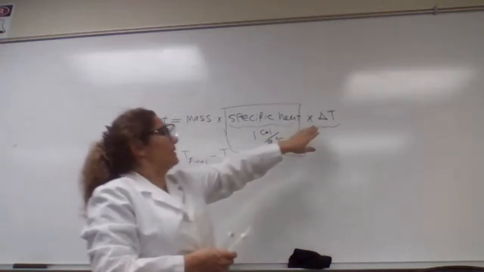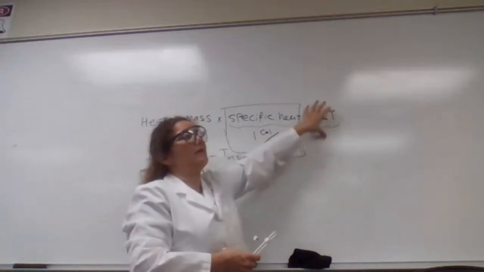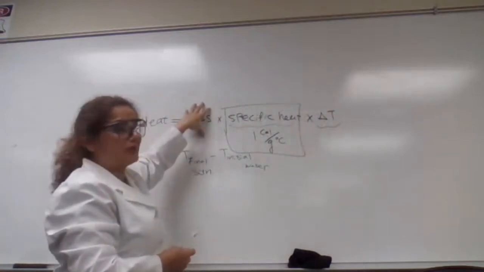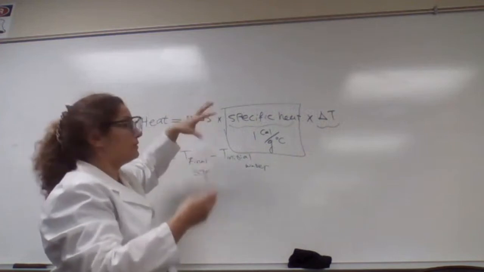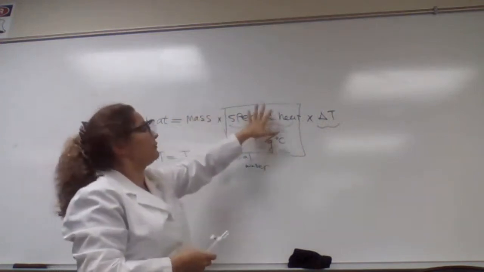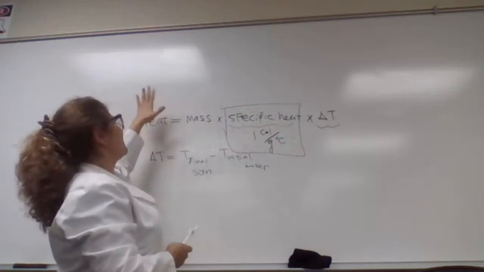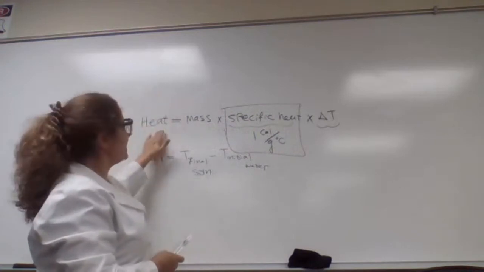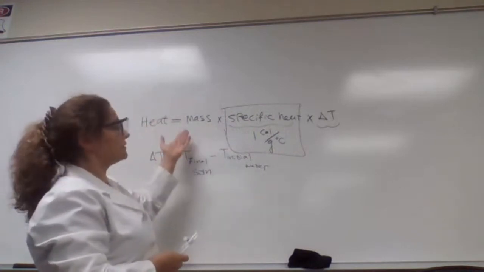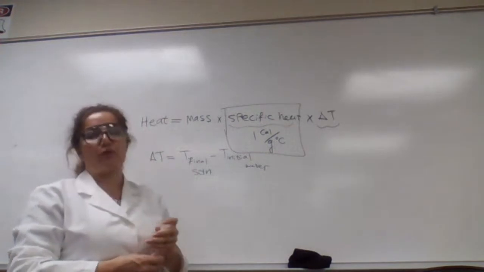And we can calculate how much the temperature has increased. We can measure the mass of the 2 liquids, and if we have the specific heat, we can find the value for heat being released or heat being absorbed.